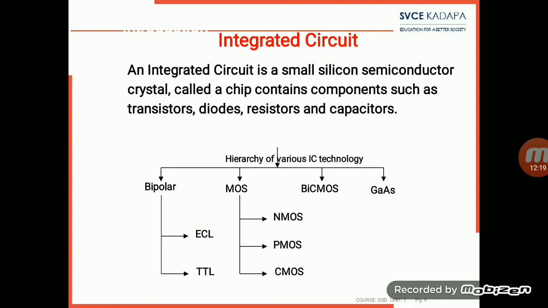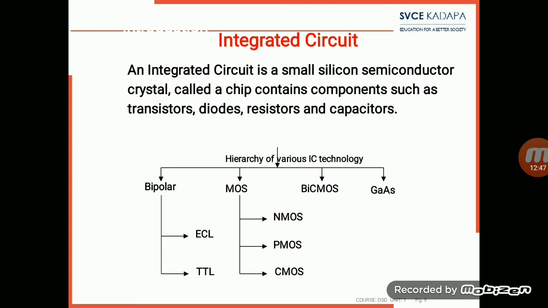We have different IC technologies available, like bipolar technology, MOS technology, BiCMOS technology, and gallium arsenide technology. In the earlier days of IC technology, we used only bipolar technology. Later on we used CMOS, BiCMOS and gallium arsenide.